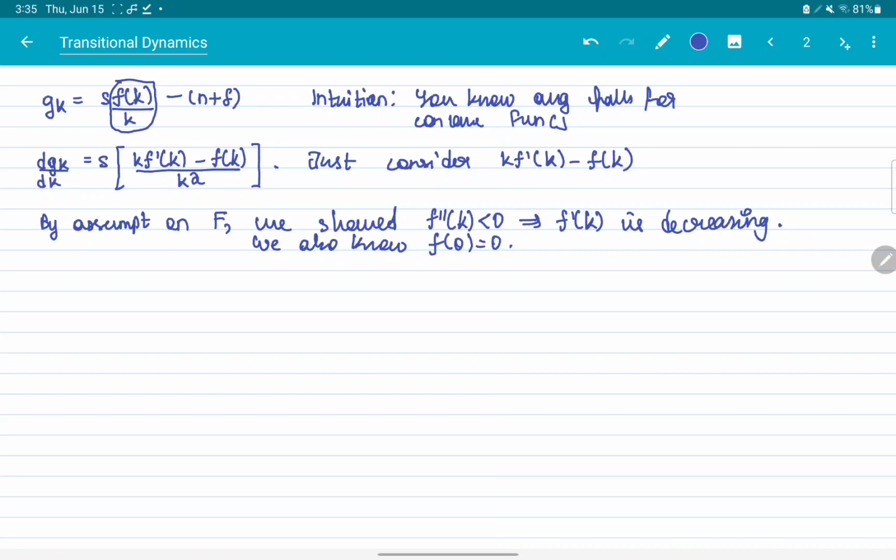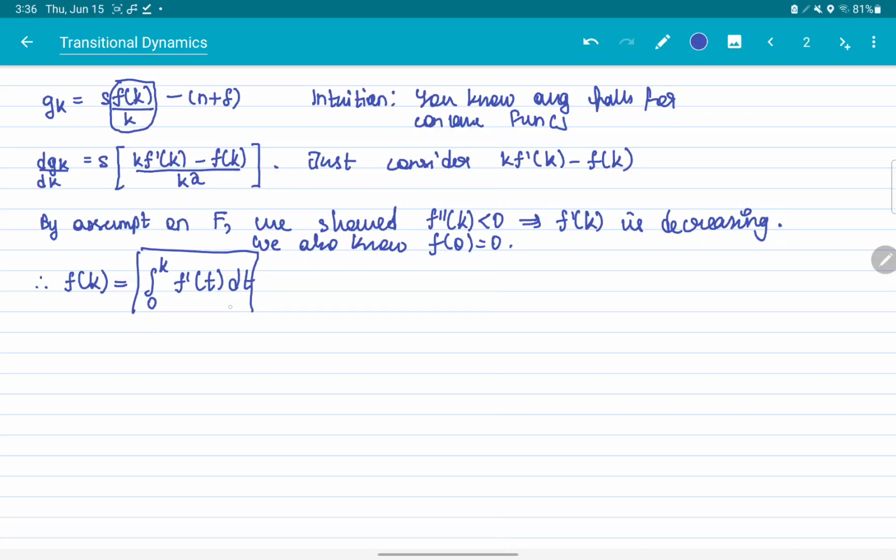Therefore f of k is equal to the integral from 0 to k of f dash t dt. You need to look at this expression really carefully.